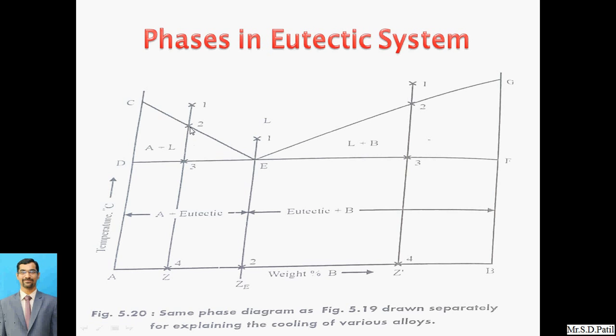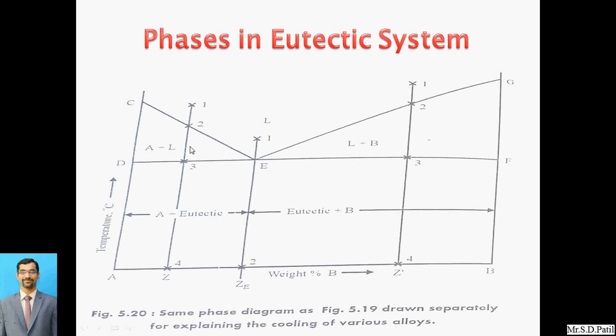From point 2 to 3, metal A starts separating as we lower the temperature. When the temperature is decreasing from point 2 to 3, the metal A is separating from the liquid.